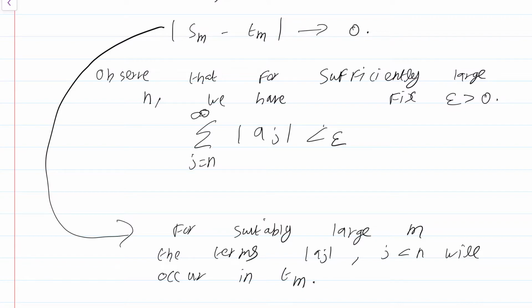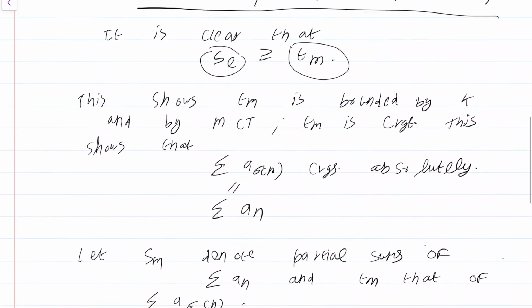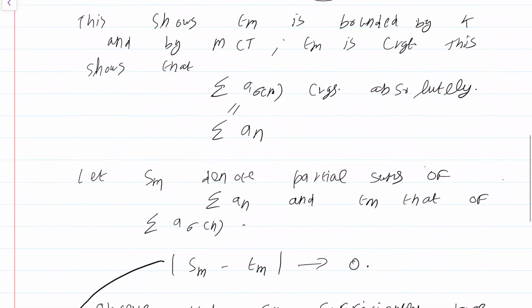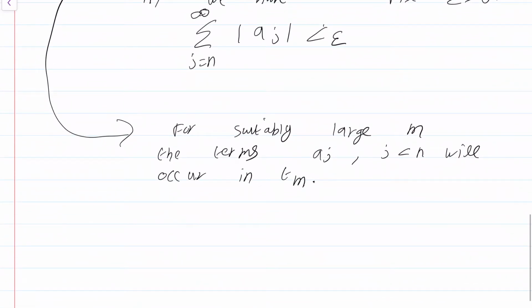Not mod Aj, just Aj. The terms Aj for j less than n will occur in Tm. How do we know this? Well, we can just use the same trick that we used here. The exact same trick that we used here will give us this.